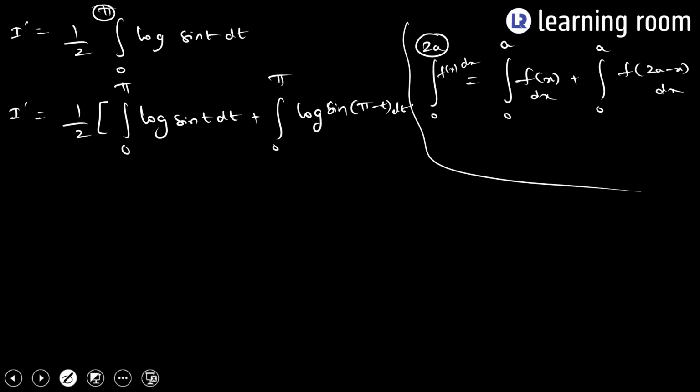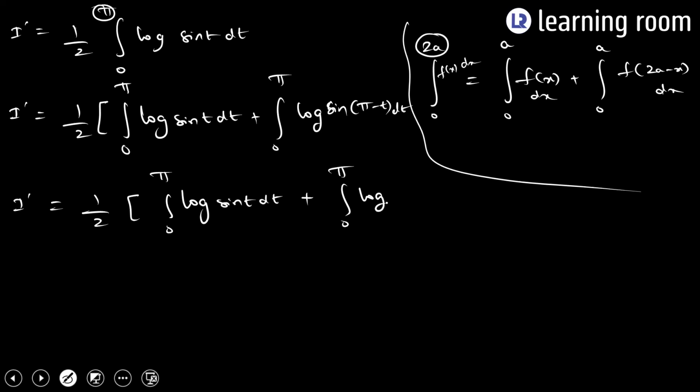Are you able to understand what I mean? So I dash will be equal to half into integral of 0 to pi log of sin t dt plus integral of 0 to pi log of the sine of pi minus t. I will still write it as sin t dt.